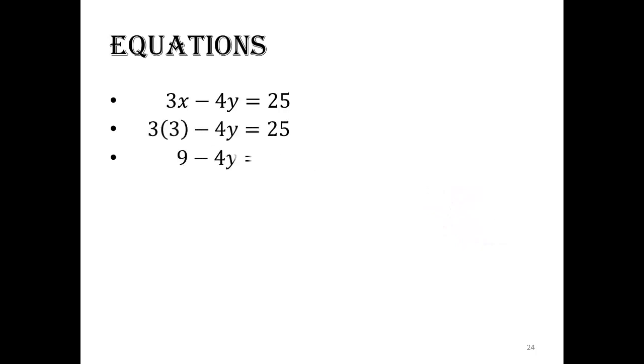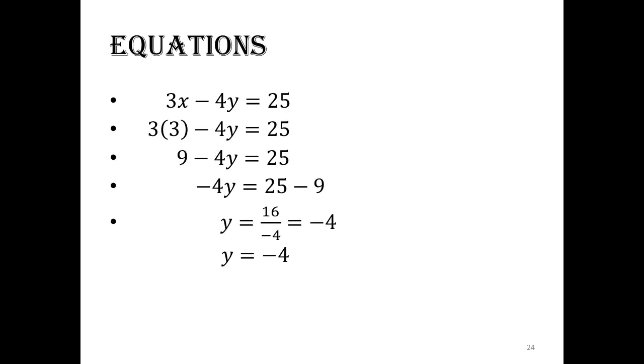So after simplification, this will give me the value of y, that is y is equal to minus 4. So we have the same solution as we found in method 1. X is equal to 3 and y is equal to minus 4. Great.